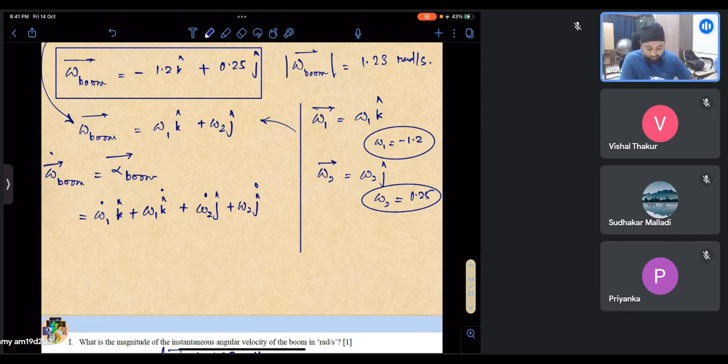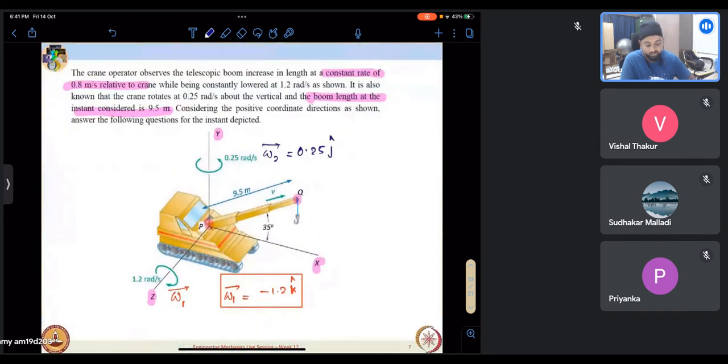Okay, so this omega 1 dot and omega 2 dot come from the magnitudinal change, and it has been given that it is being constantly lowered and the crane rotates at 0.25, and nothing about the acceleration has been given. So both are constant.